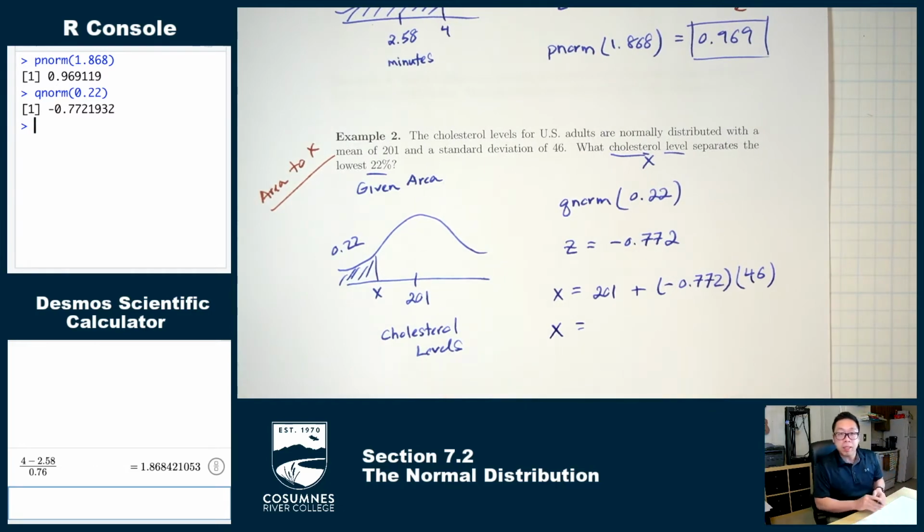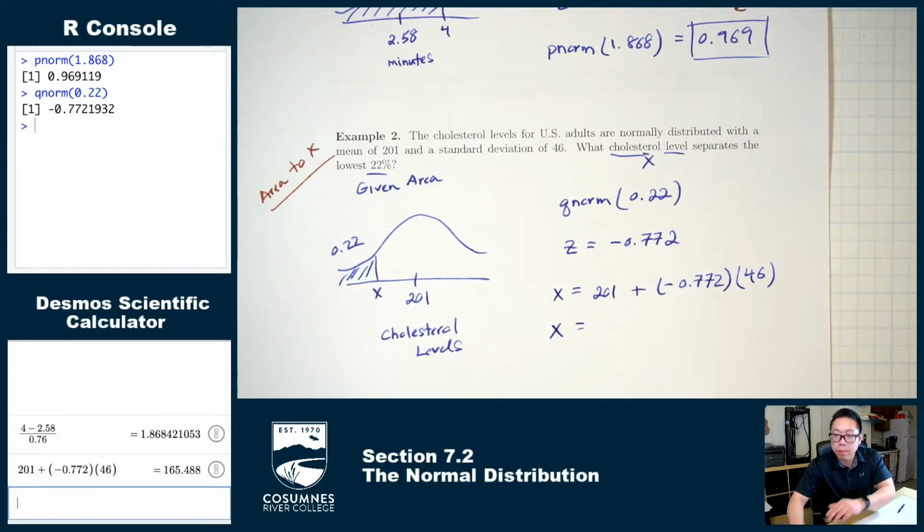Okay, so I'm going to type that in exactly like I see it there on my Desmos. So 201 plus parentheses negative 0.772, times 46. 165.488.